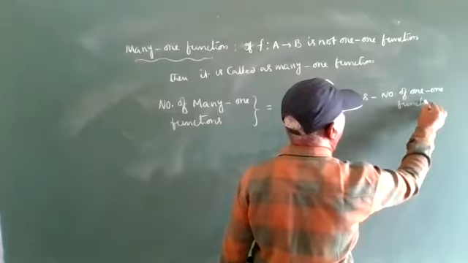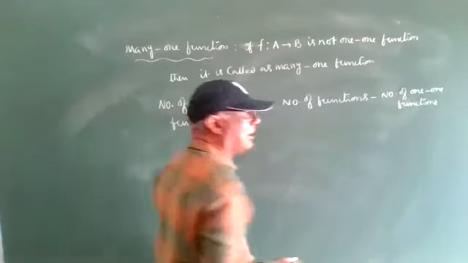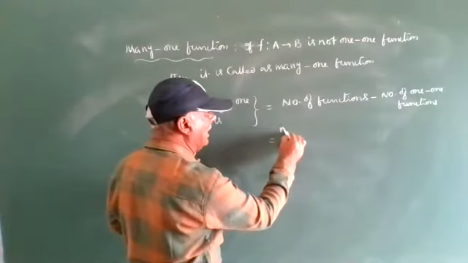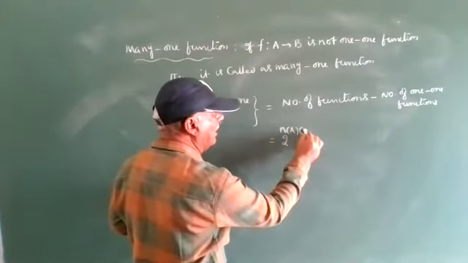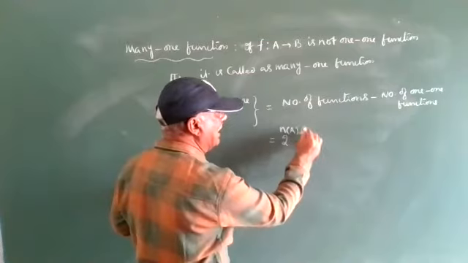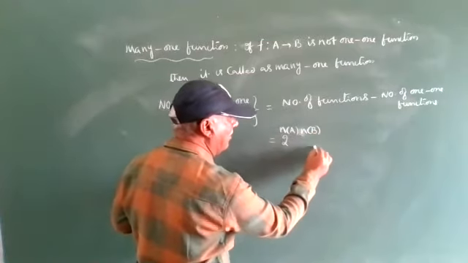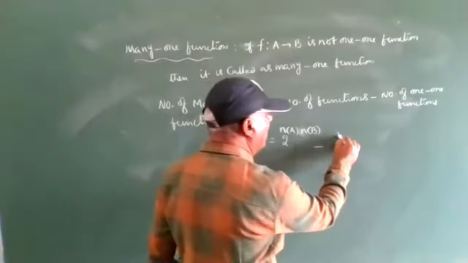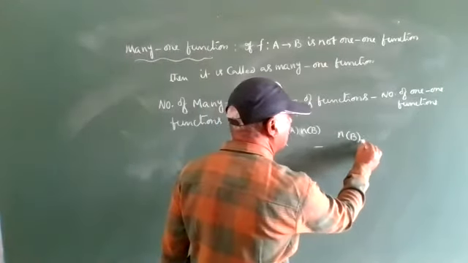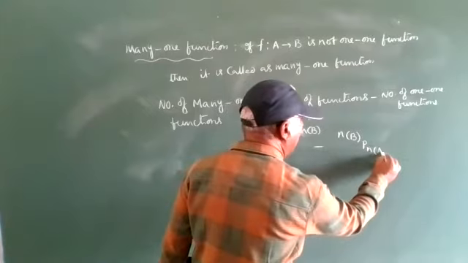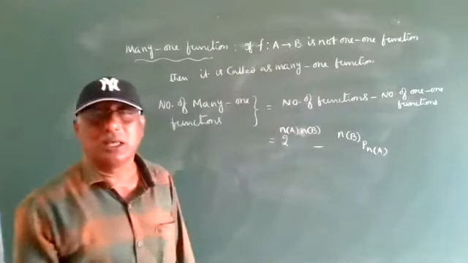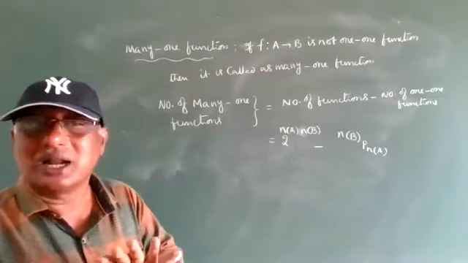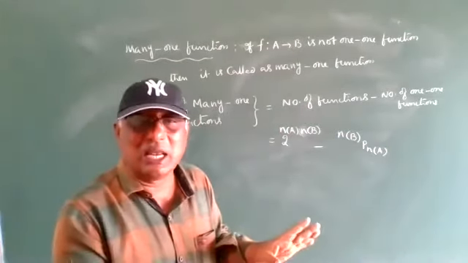The total number of functions is n of b to the power n of a, the number of elements in set b raised to the number of elements in set a. The number of one one functions is n of b permutation n of a. This is the point we should remember. Many one is not a function, just it is a name only.